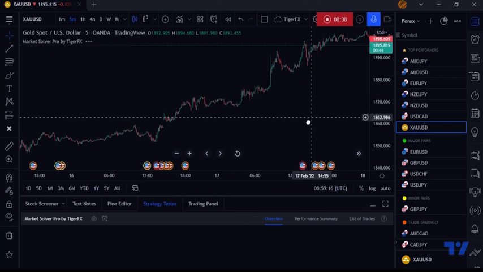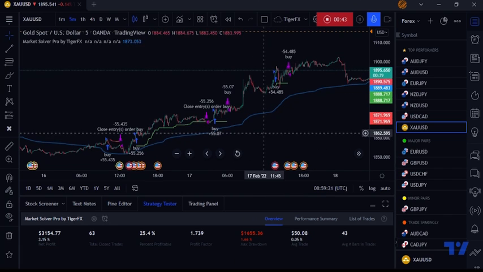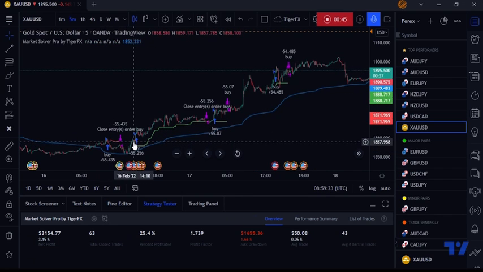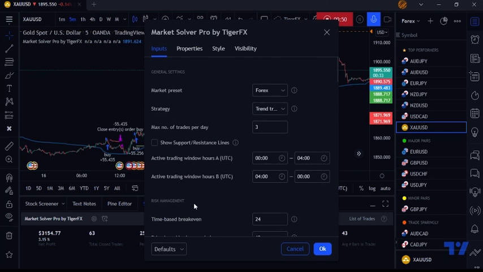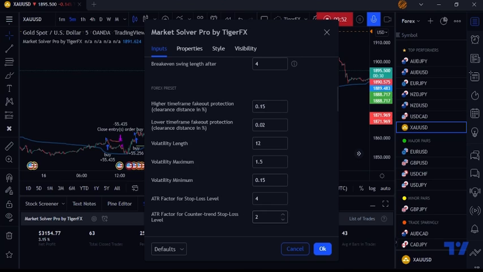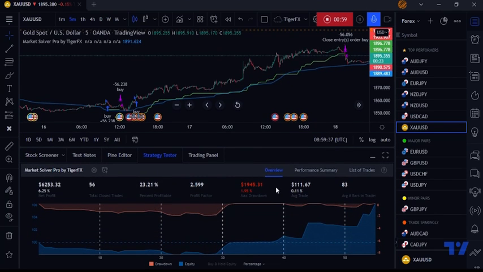And what I like to do on gold, if you can see the default settings on Forex is very choppy, lots of entries, lots of exits. What I like to do on gold is to increase the ATR threshold to 8. And you can see this is what I like to do as well on different markets, changing certain thresholds, and see which performs best on a particular forex pair or commodity.